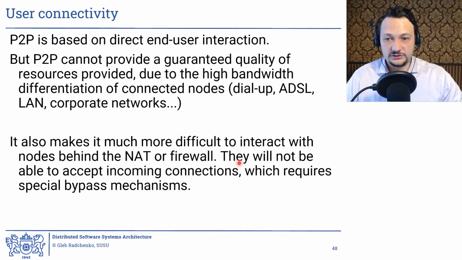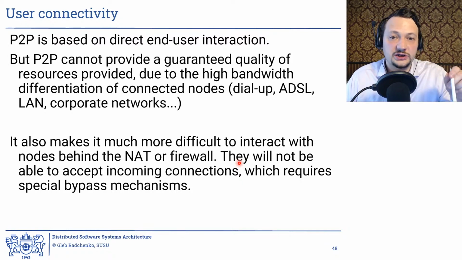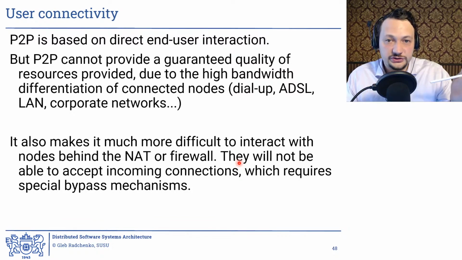Some of them use high-speed fiber optics, others use dial-up connections, and LANs or corporate networks that are hidden behind firewalls. So you cannot guarantee the quality of peer-to-peer communication between each of the users. You need to do something with this.